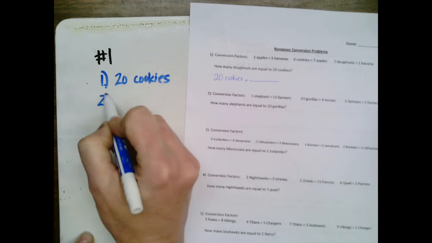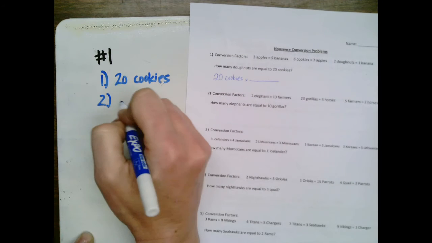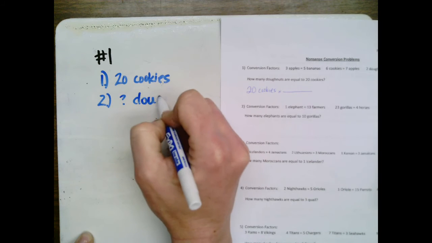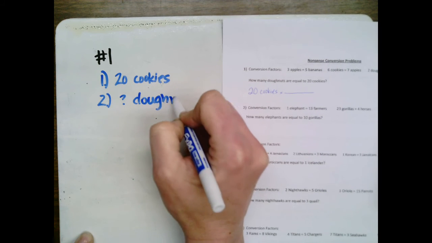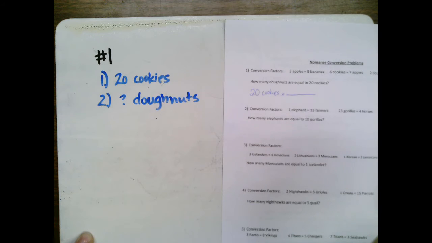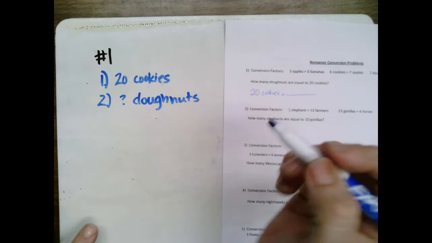Number 2, this is my unknown. I'm asked how many donuts 20 cookies would be equal to. And honestly, I don't know if they're talking about mass or calories. Who knows? Doesn't matter.